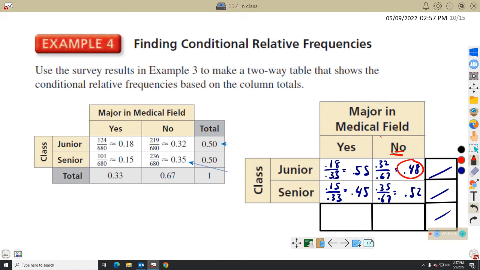So the way we look at this data is we consider the condition. Since we divided by the column totals, the columns have to do with majoring in a medical field. So given that a student is not majoring in a medical field, the conditional relative frequency is 48%.